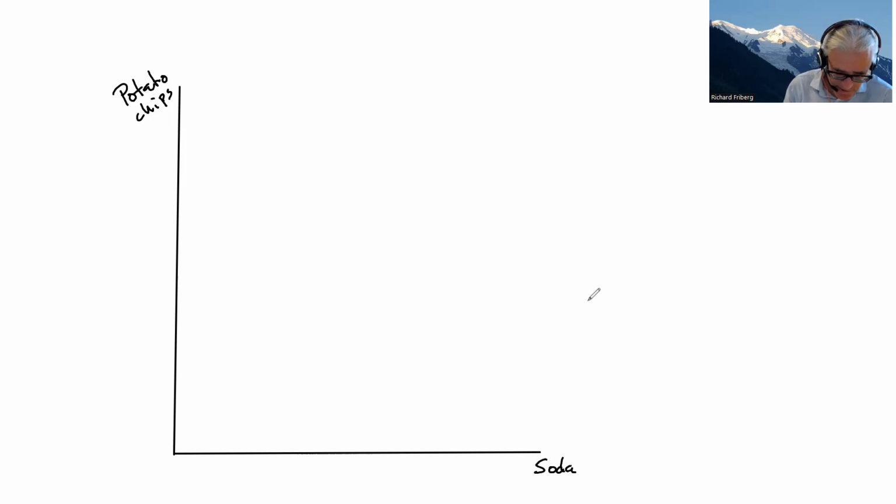Okay, so first, just as a benchmark, think of the case where these two goods were perfect substitutes. We know from previously that perfect substitutes have indifference curves that are straight lines.